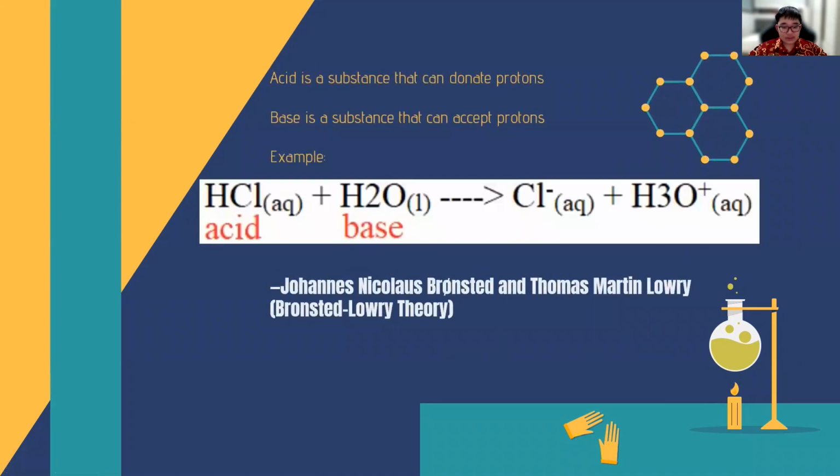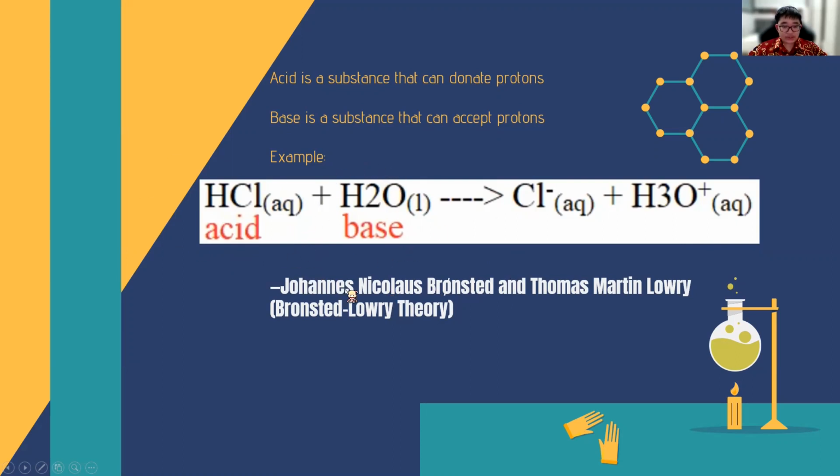From Johannes Nicolaus Bronsted and Thomas Martin Lowry, we have the Bronsted-Lowry theory. In this theory, an acid is a substance that can donate protons, while a base is a substance that can accept protons. For example, HCl plus H2O becomes Cl negative plus H3O positive. As you can see, the HCl is the acid, while the H2O is the base.